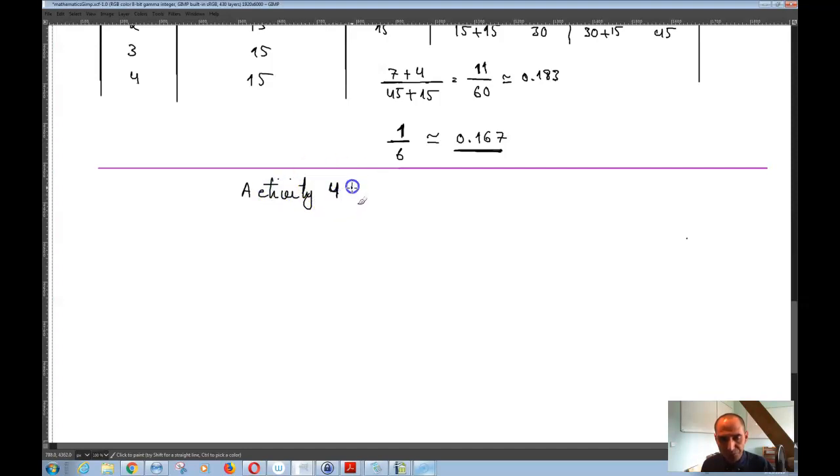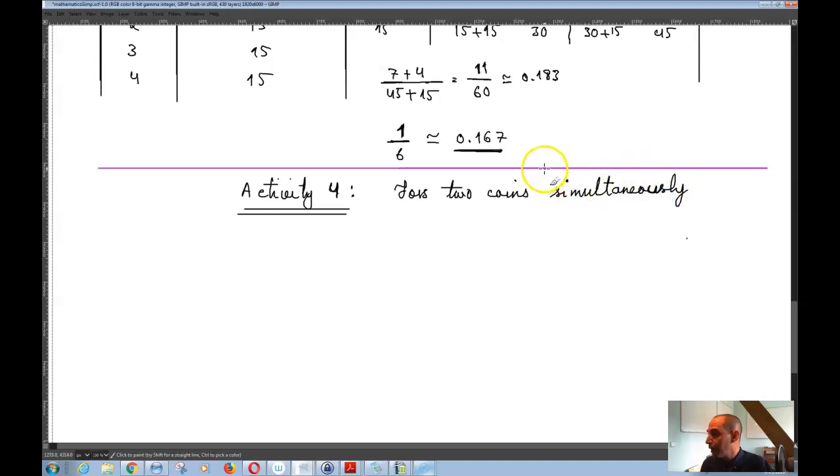Now activity 4: basically what we did was we tossed 2 coins simultaneously 10 times, and recorded our observations.